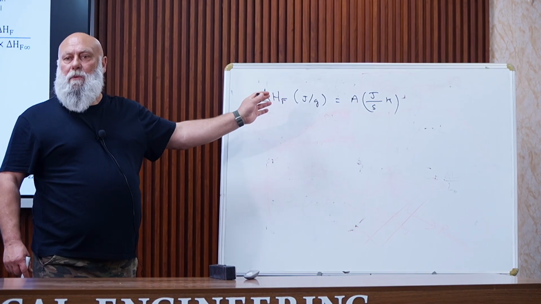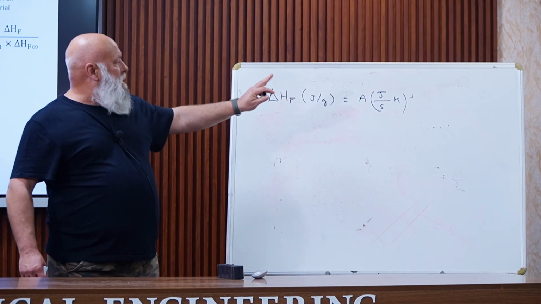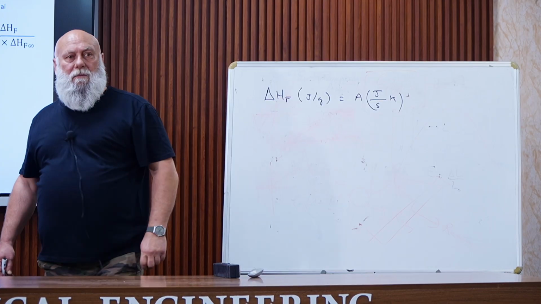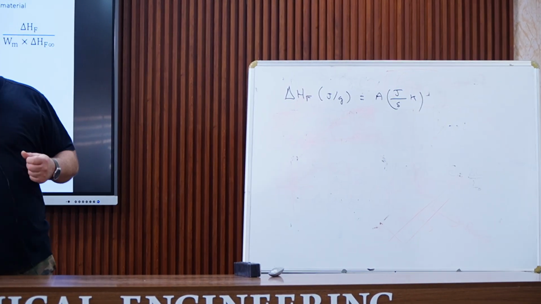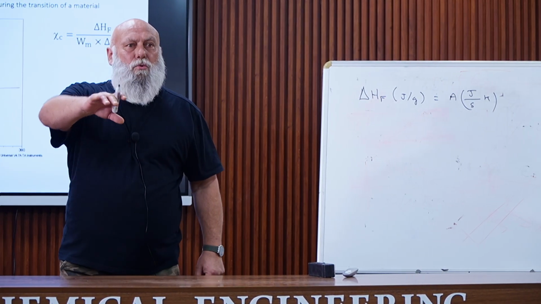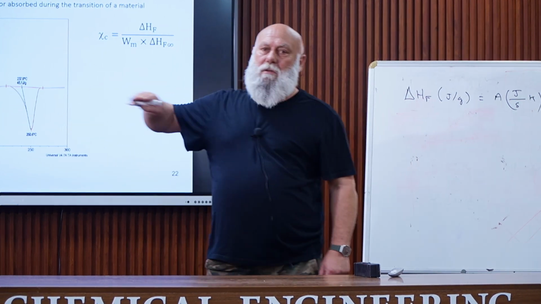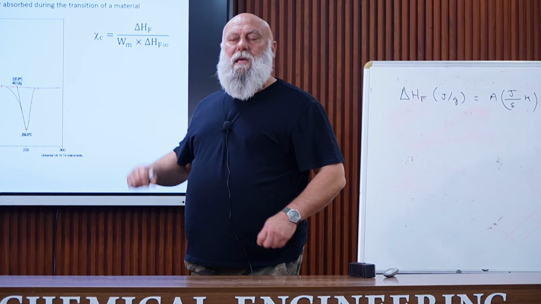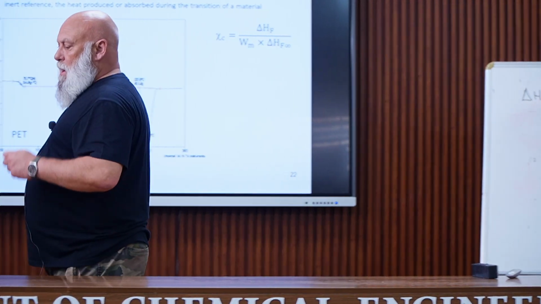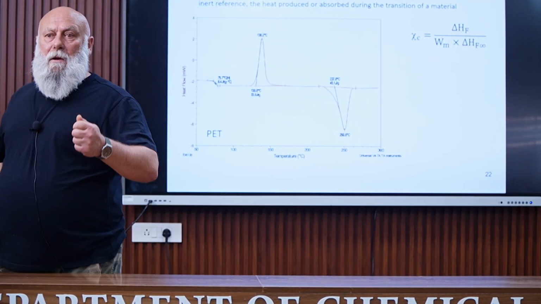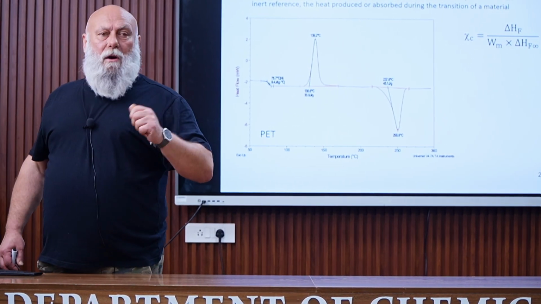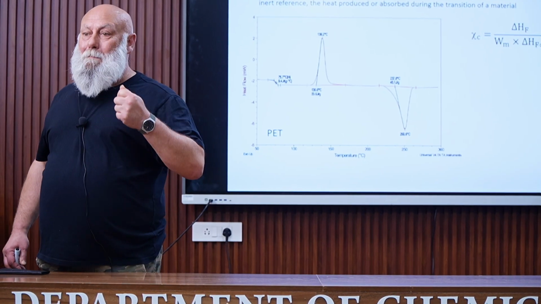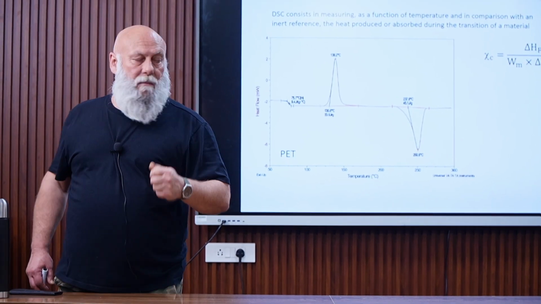It doesn't correspond directly. In fact, it's necessary to normalize this area to obtain the enthalpy of fusion. You don't need to do this. The software does it directly, because at the beginning of the experiment, you have to specify the heating rate you are using and the mass of the sample.